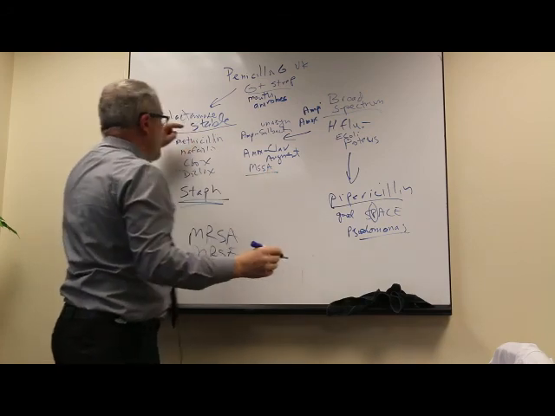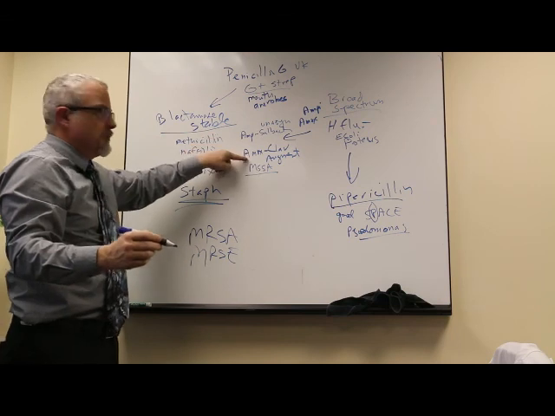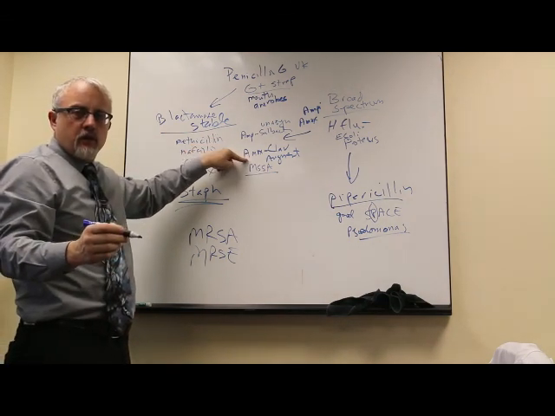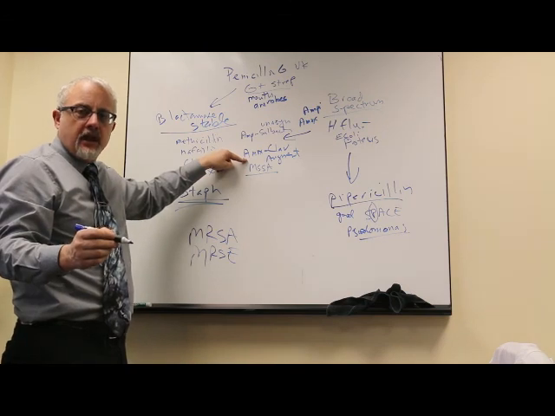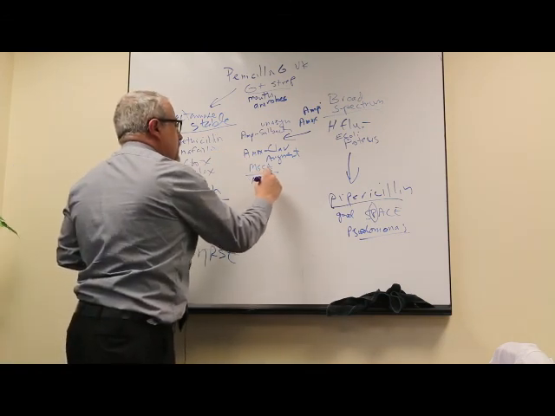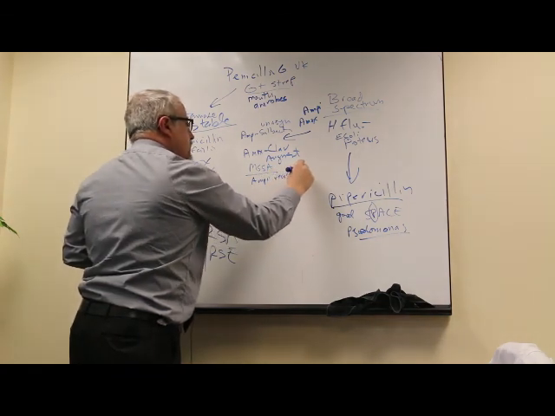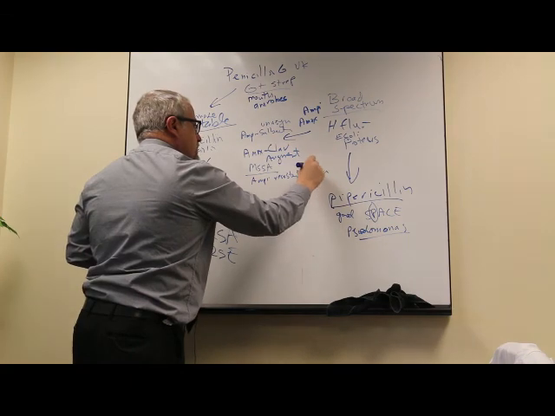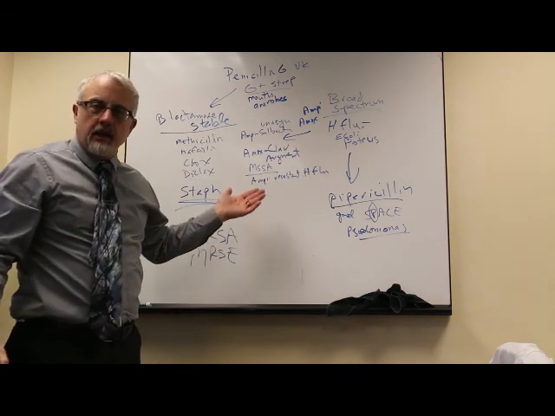So if these drugs work, this drug is basically generally going to work, because you've defeated the beta-lactamase of the staph. You also get ampicillin resistant H-flu, because ampicillin or H-flu resistance is mediated through beta-lactamase.